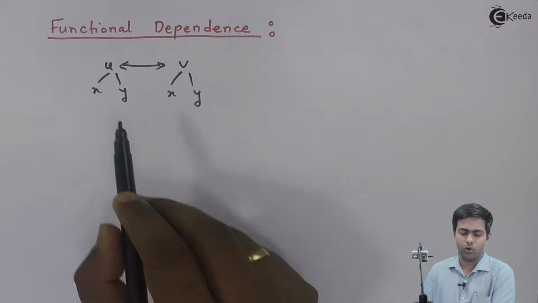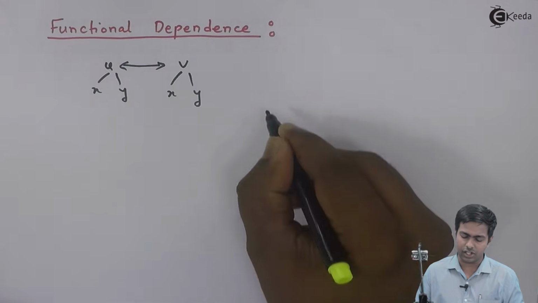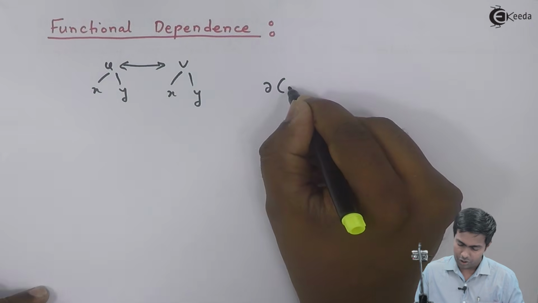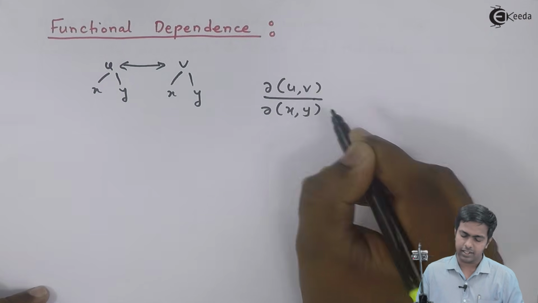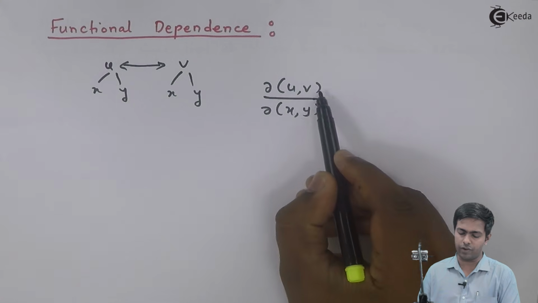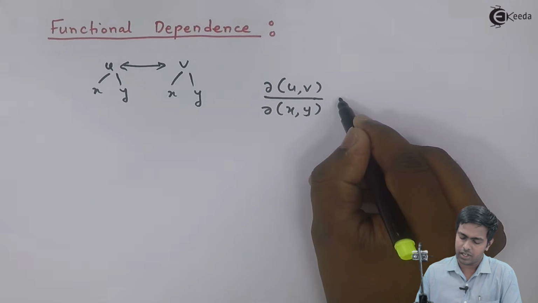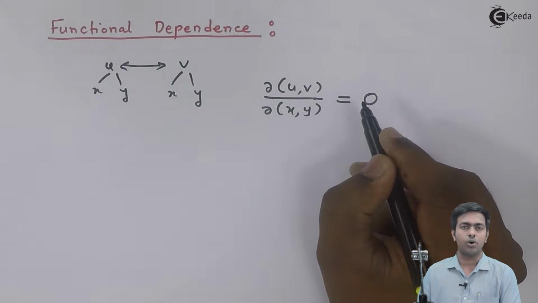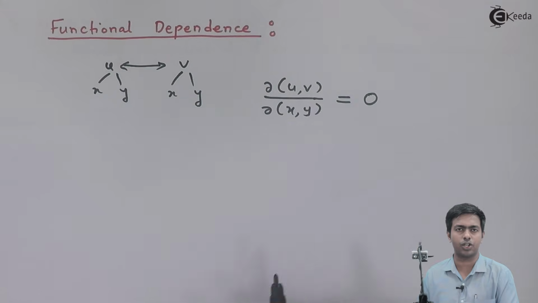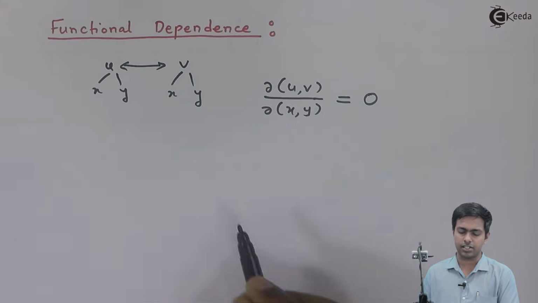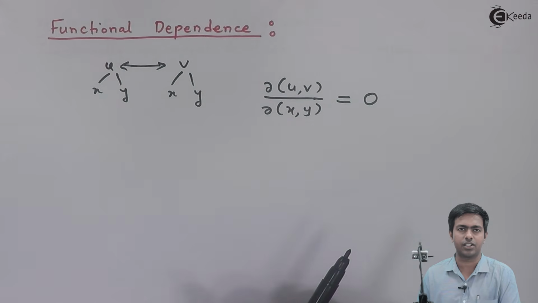And to find out the functional dependence, we use one condition. That condition is ∂(u,v)/∂(x,y), that is, the Jacobian of u, v with respect to x, y. Now if this Jacobian is equal to 0, then we say yes, u and v are functionally dependent on each other.